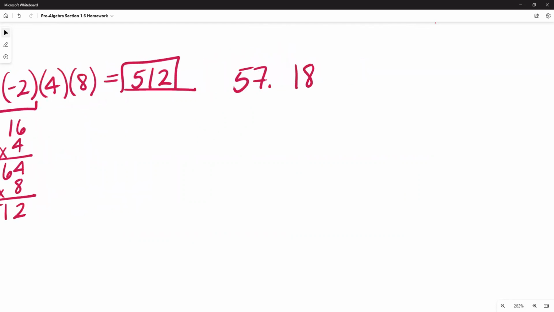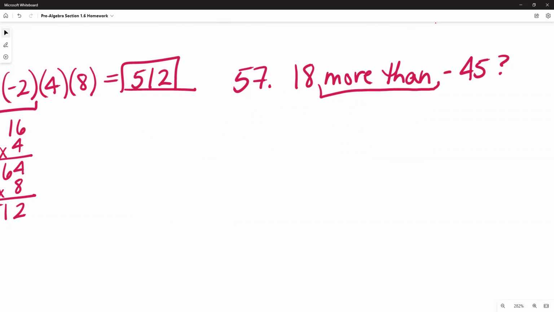What is 18 more than negative 45? So how would we write this? Okay, this is really important. So if we said 18 more than negative 45, which comes first?